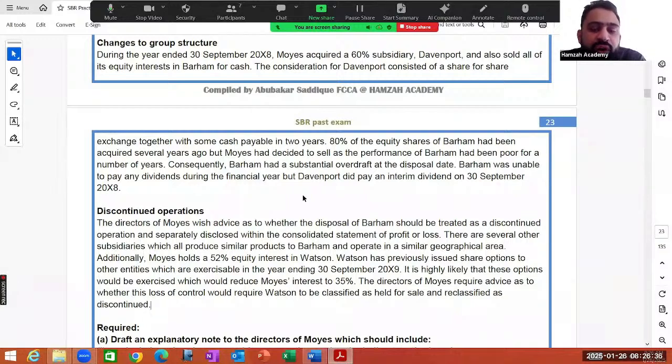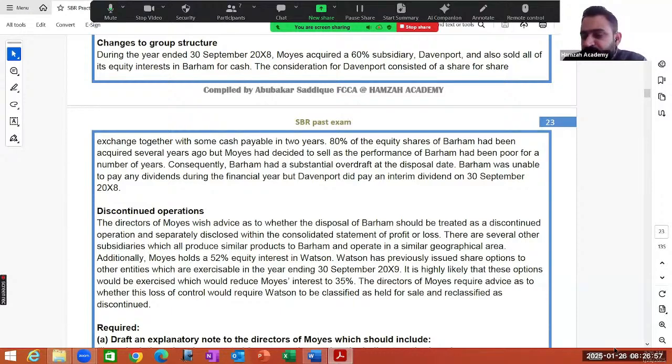And that means you have lost control over the subsidiary company. This is known as a deemed disposal. You haven't sold it actually, but due to a change in capital structure, you have lost the control. So it is known as a deemed disposal.